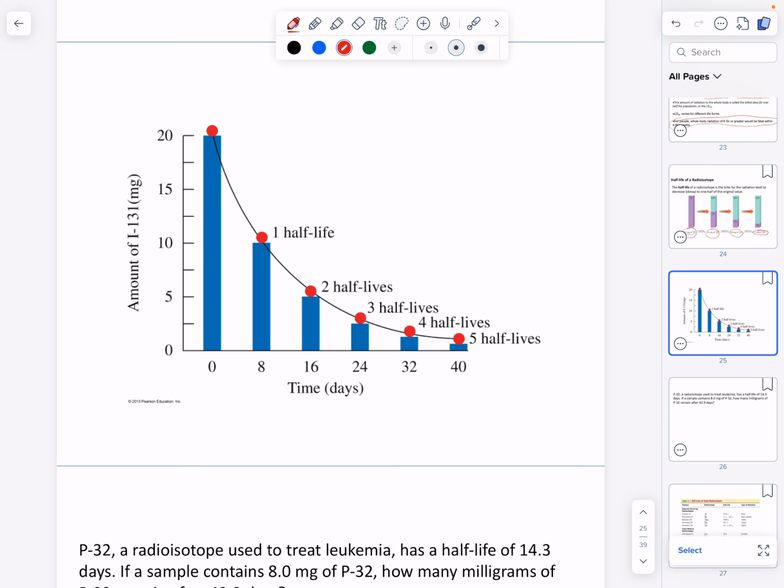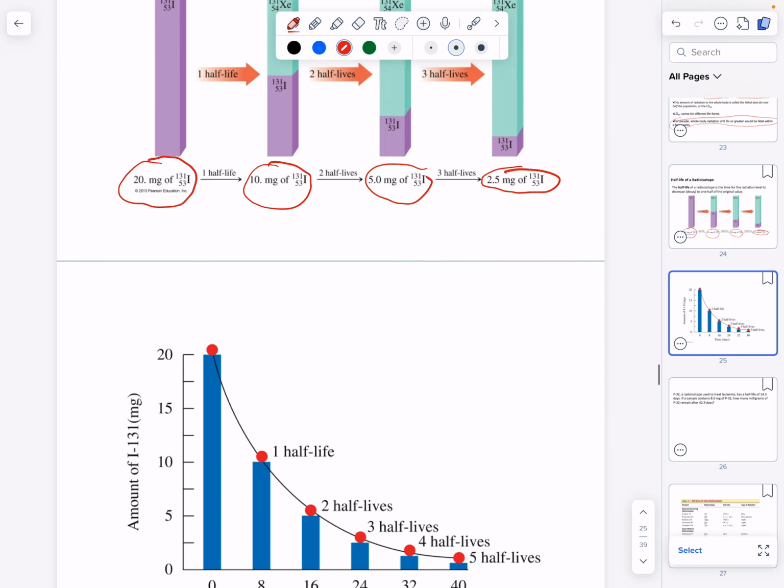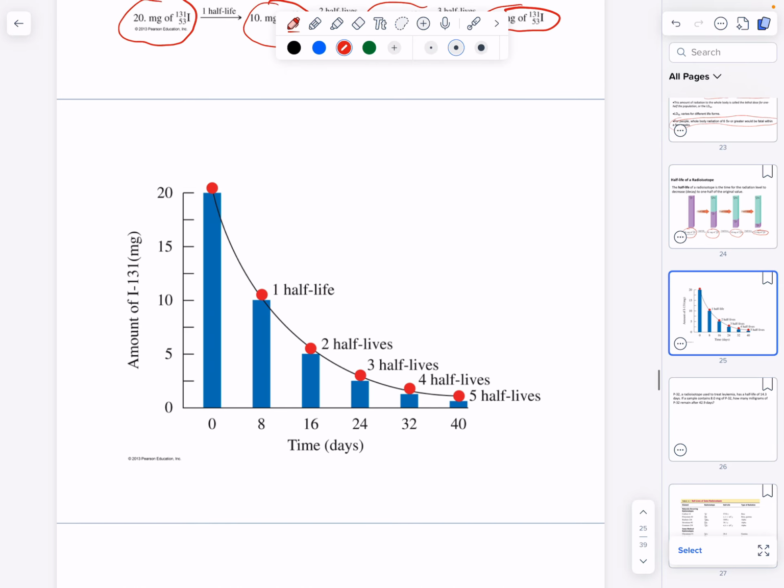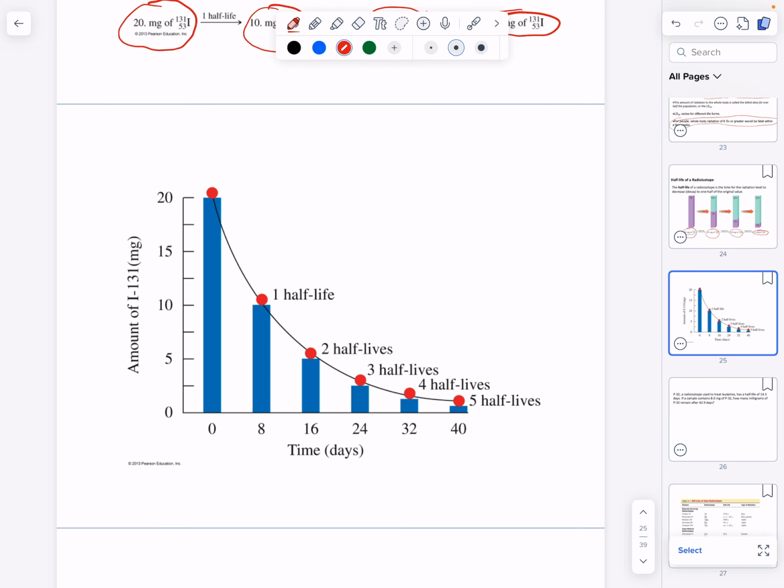You can see here the amount of iodine 131. This is the same iodine here, 131, it doesn't say how much it is, but here you can see this is the first half-life. Oh, it is 8 years, okay, the half-life here is 8 years. So after 8 years, the 20 became 10.